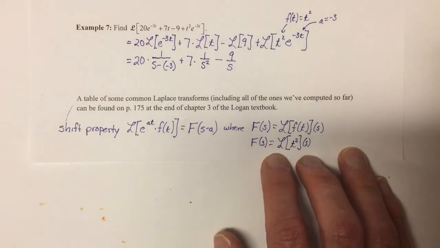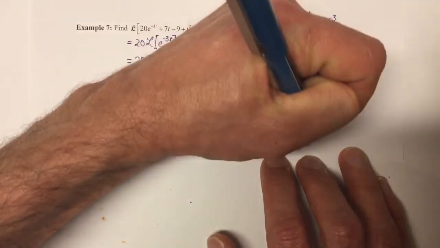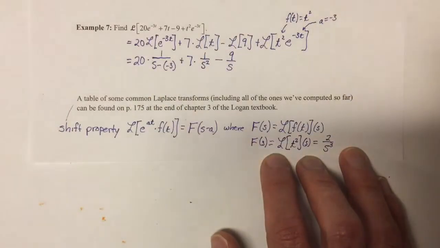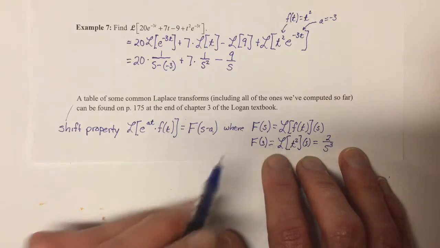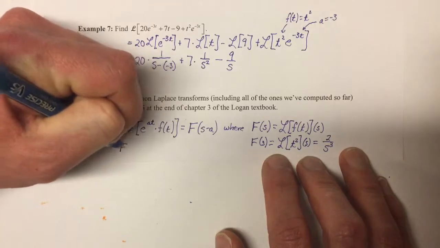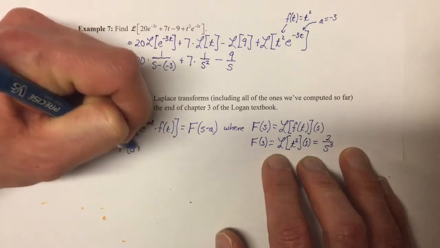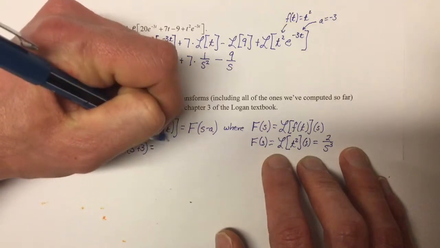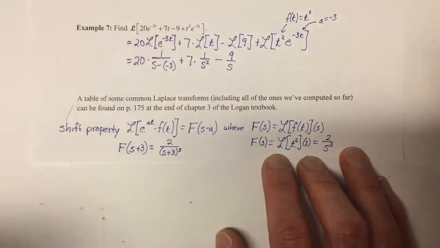And again, the Laplace transform of t squared from the previous example was 2 over s cubed. So that's the F of s. Then when we do F of s minus a, we'll be looking at F of s minus negative 3, so F of s plus 3, which would be 2 over s plus 3 cubed.